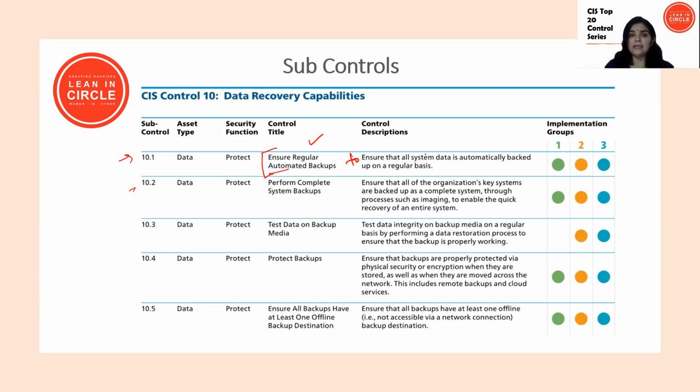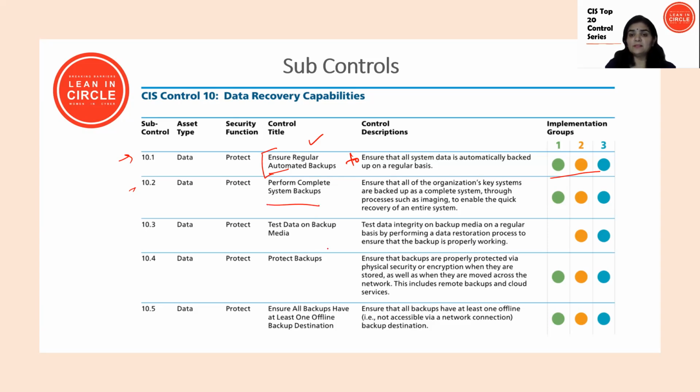Just as with our EMI, every month we have a system in which the EMI is automatically deducted, in the same way we have to plan automated backups, and the duration depends on the organization. All 3 implementation groups fall under this category. All 3 types of organization have to implement this sub-control.